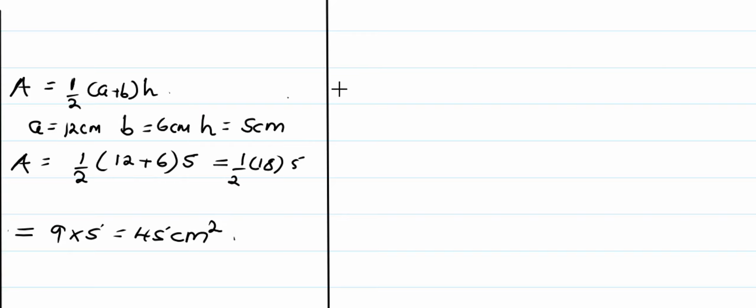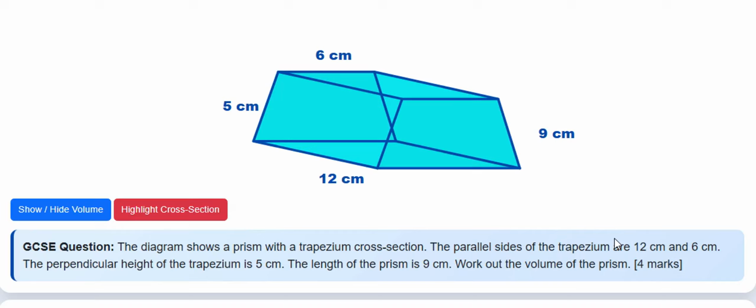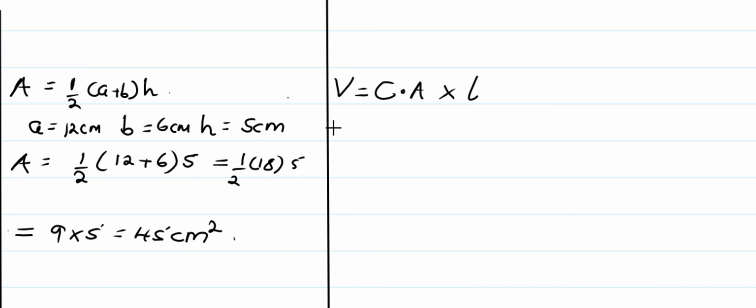To get the volume V of the prism, we need to take the cross-sectional area, multiplied by the length of the prism. In this case, we are given the length of the prism as 9 centimeters. So L is 9 centimeters.